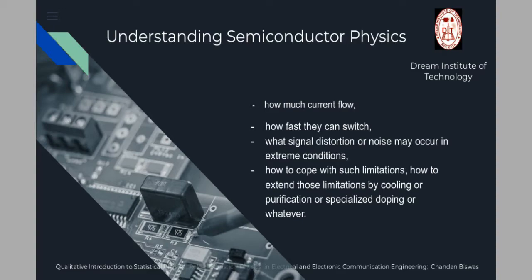Just for an example, understanding semiconductor physics is vital so that you can know the limits of what you can do with semiconductor devices: how much current flow, how fast they can switch, what signal distortion or noise may occur in extreme conditions, how to cope with such limitations, how to extend those limitations by cooling or purification or specialized doping or whatever. You can't be a good engineer without understanding the operating capabilities and limitations of the devices and materials you will be working with, and knowing how and why new devices and materials are better.